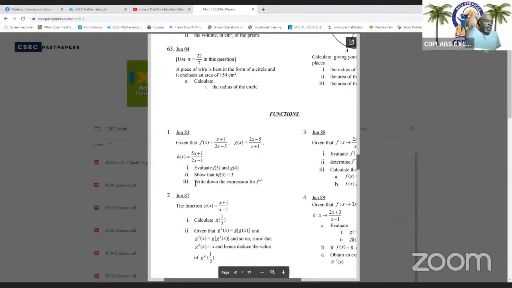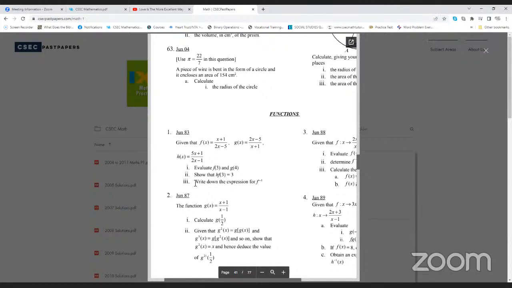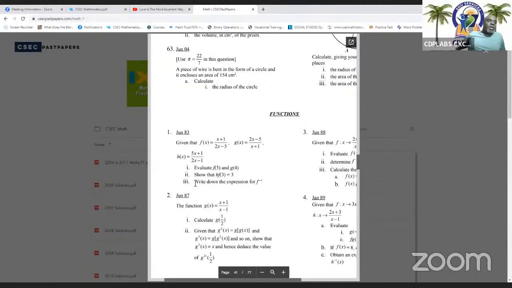Now the third thing now, which is: write down the expression for this.